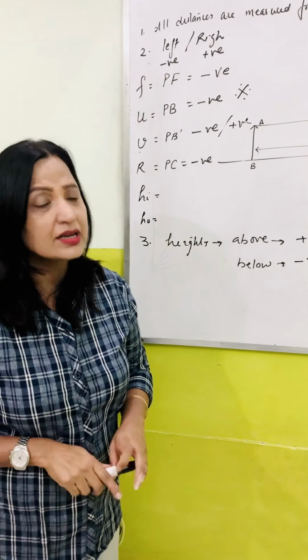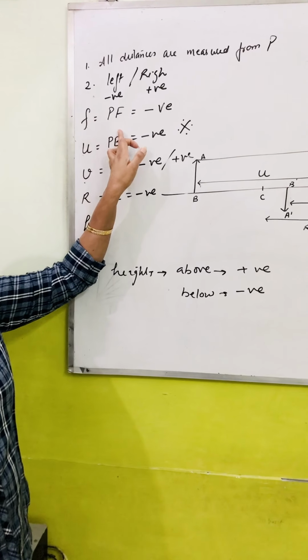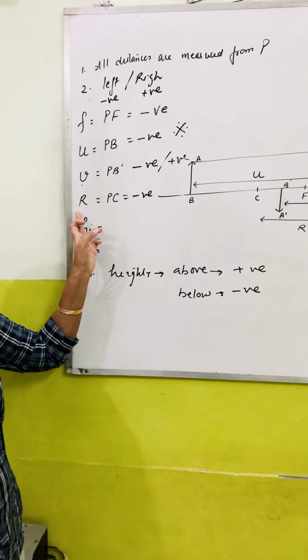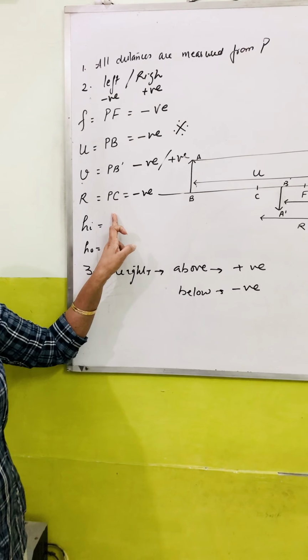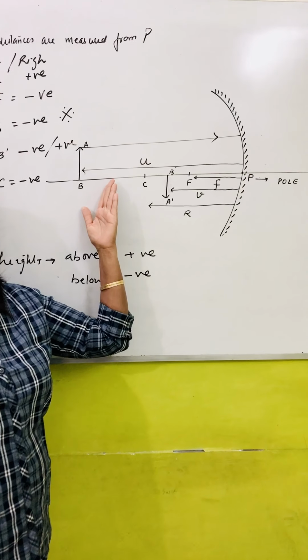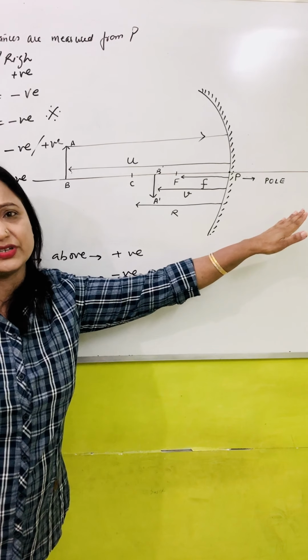I'll quickly recap them. The first one says all distances are measured from the pole: focal length PF, object distance PB, image distance PB dash, radius of curvature PC. The second rule says that all the distances on the left side of the mirror are negative and on the right-hand side they are positive.